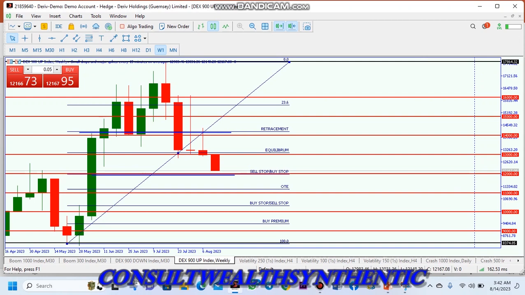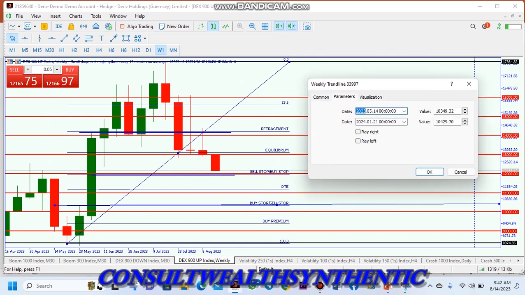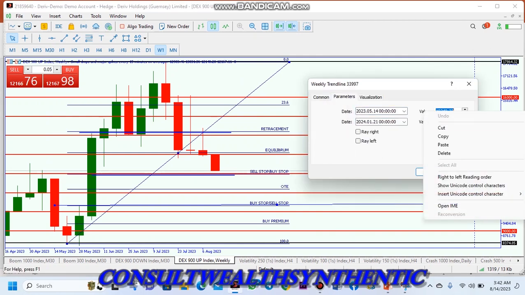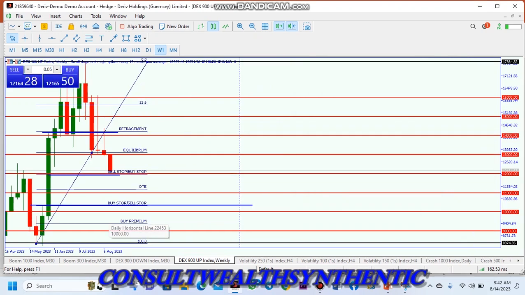Then I mark this retracement level, then this sell stop level. Then let's mark this final place. We see that price is heading for this region already, so we can mark that buy stop and sell stop.